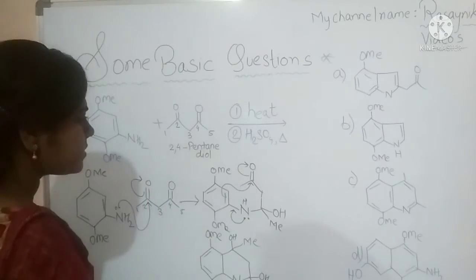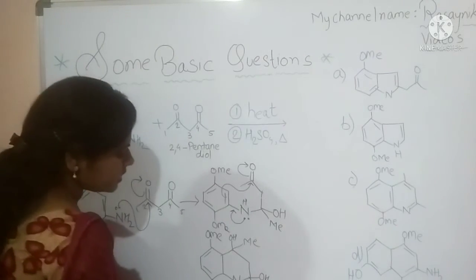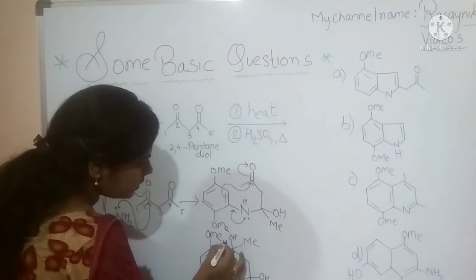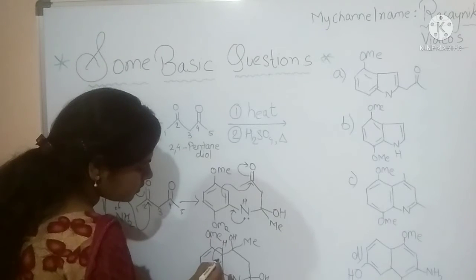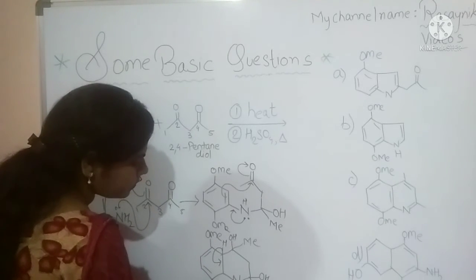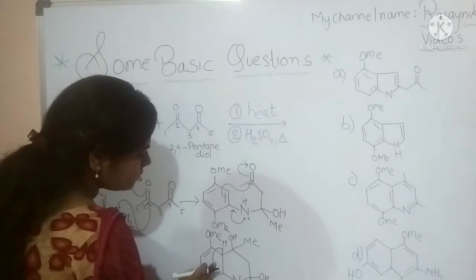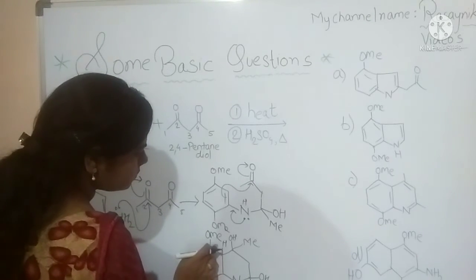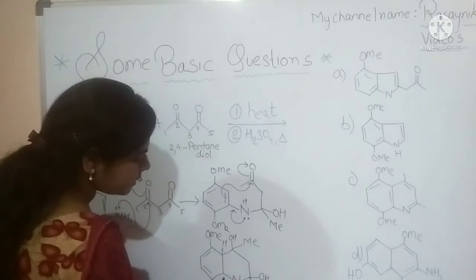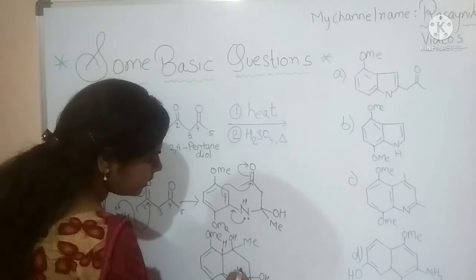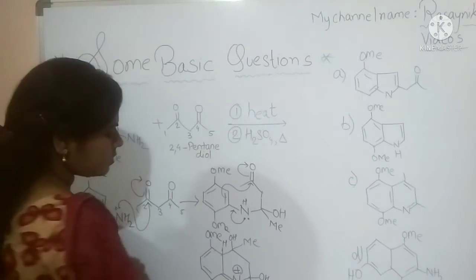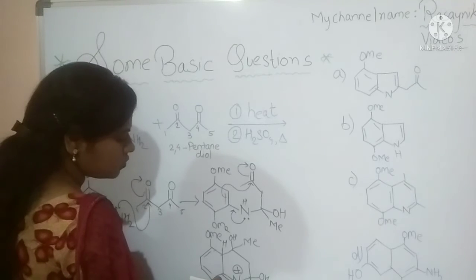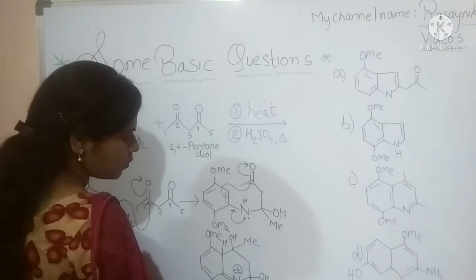So our next step will be hydrogenation, that is this hydrogen will get into its double bond. Here the double bond is present, so here nitrogen contains a positive charge, because nitrogen contains only three bonds, but here 1, 2, 3 and this is 4.